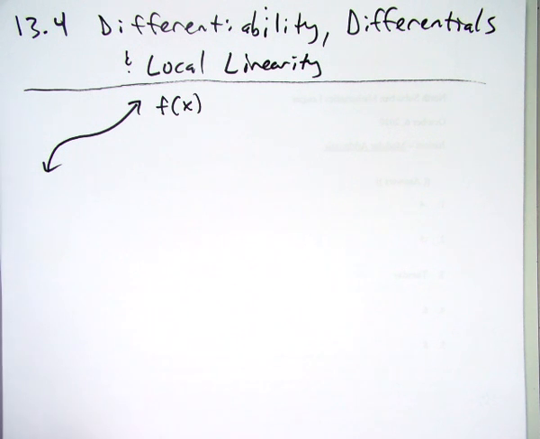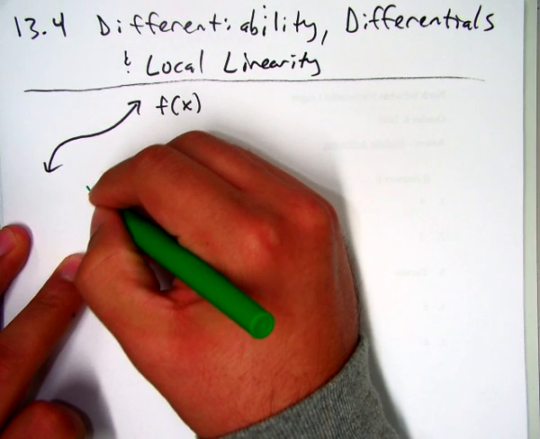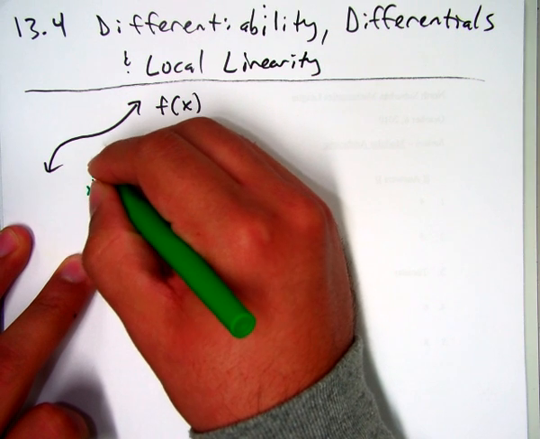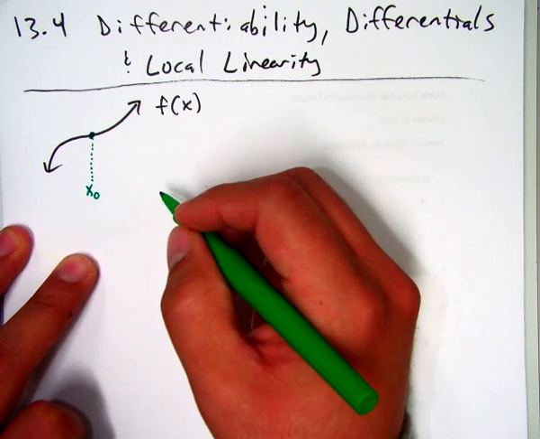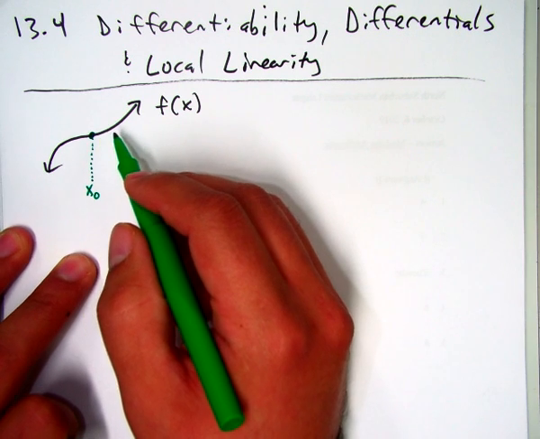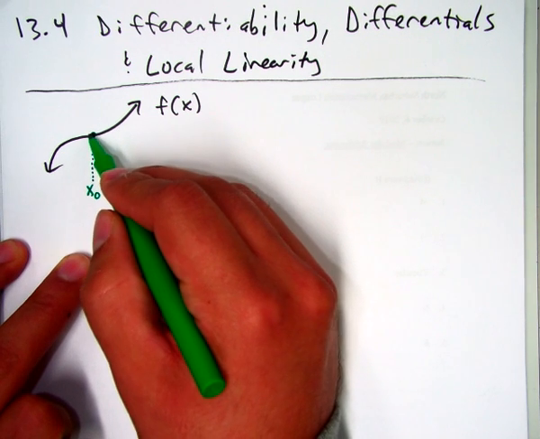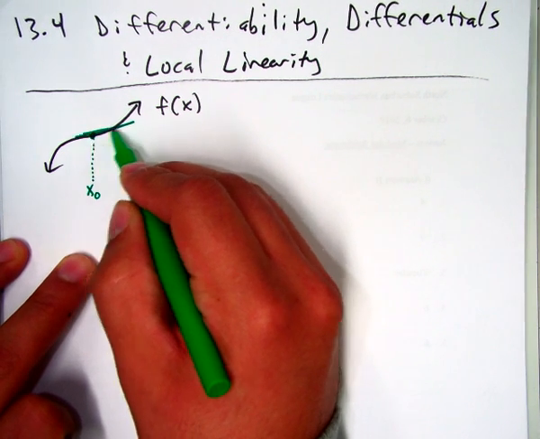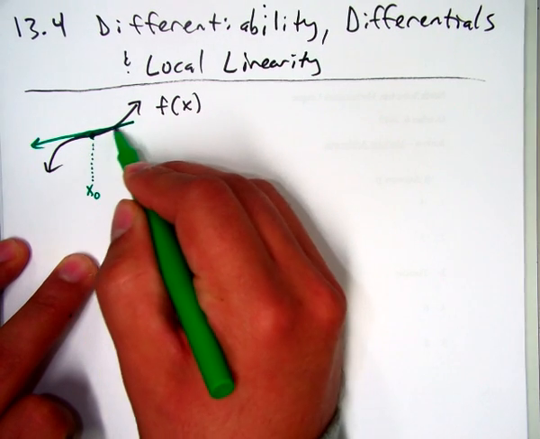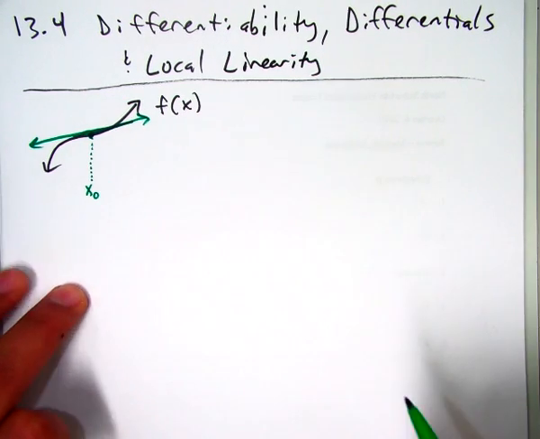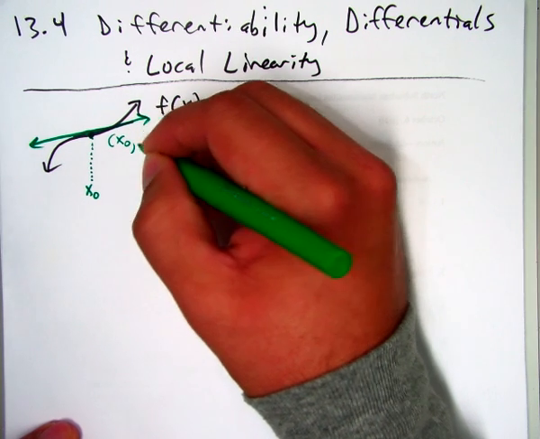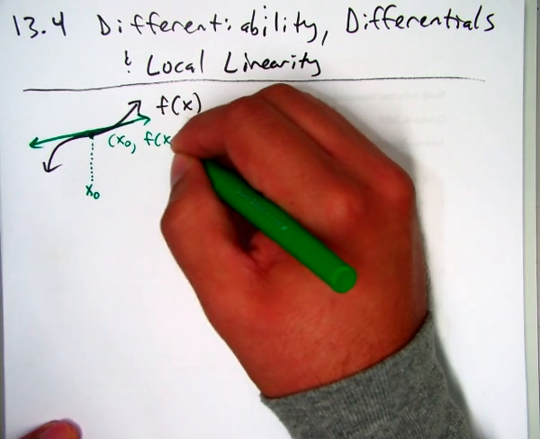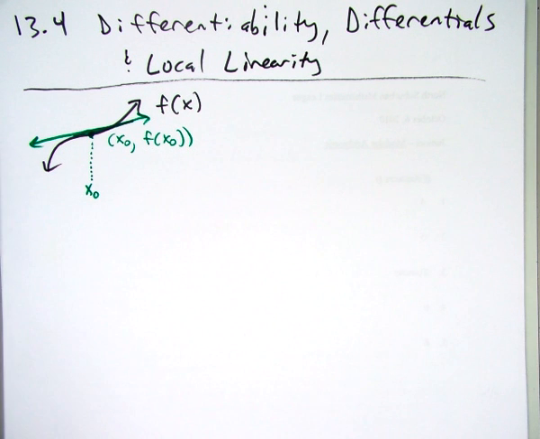If there's an x-coordinate on this function, we know that there's a tangent line here. This point will be called x naught, and then f of x naught, whatever that is. Okay, so that's the picture we're looking at right now.